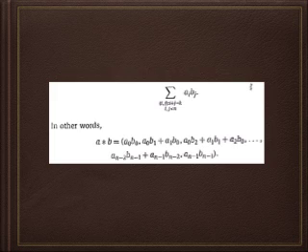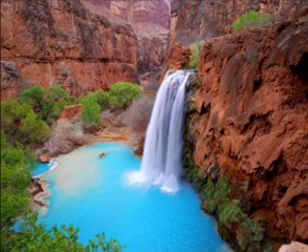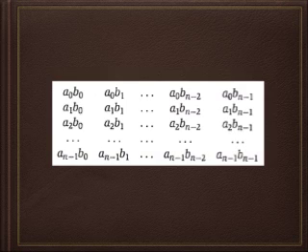Another way to think about the convolution is to picture an n by n table whose ij entry is ai bj, like this. The first row is a0 b0, a0 b1, and so on, with the last two terms a0 bn minus 2 and a0 bn minus 1.